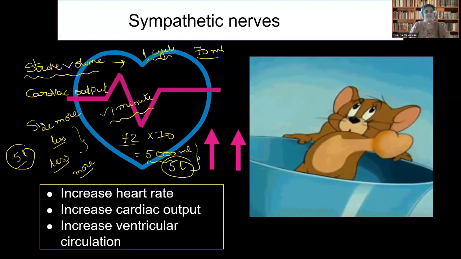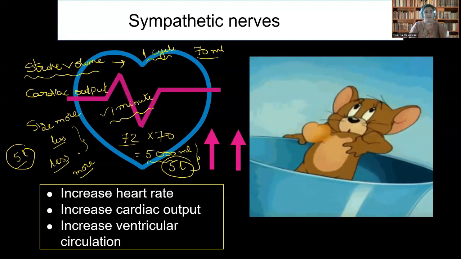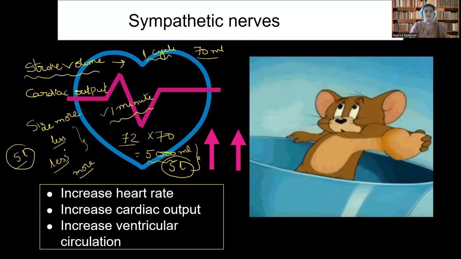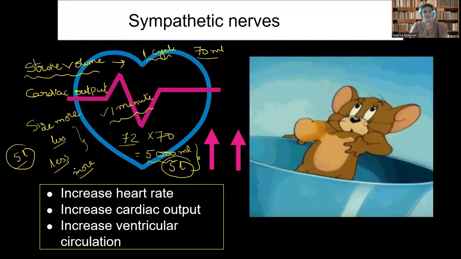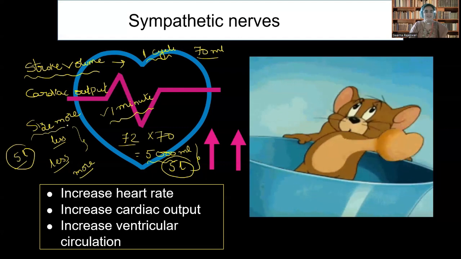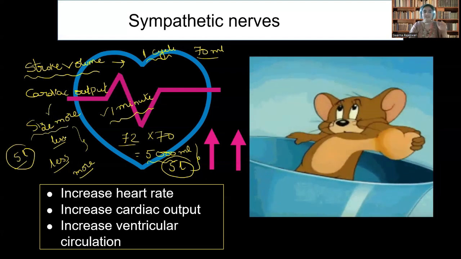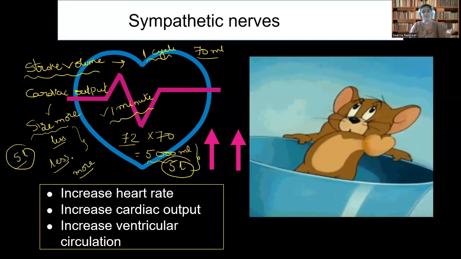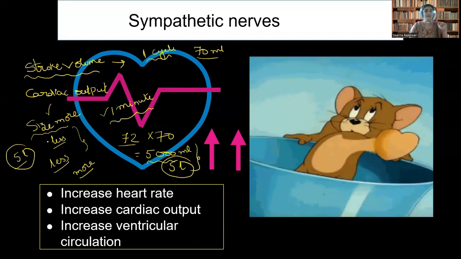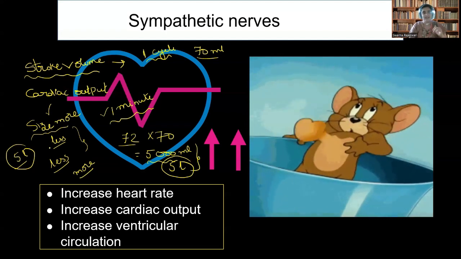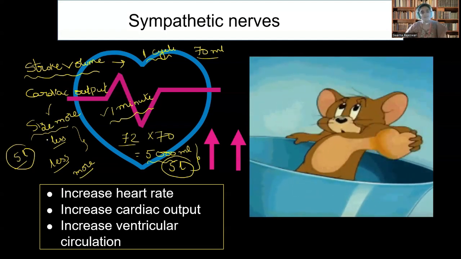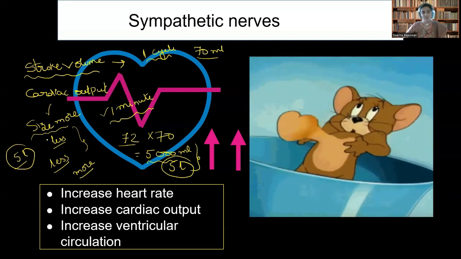So if we see different animals, rat, man, and elephant, which will have the more stroke volume, comment in my comment section. If the size is more, the stroke volume will be less. If the size is less, the stroke volume will be more. So this is a hint that I am giving. If I take three animals, elephant, man, as well as rat, which will have more stroke volume and which will have less stroke volume? Please answer in the comment section.